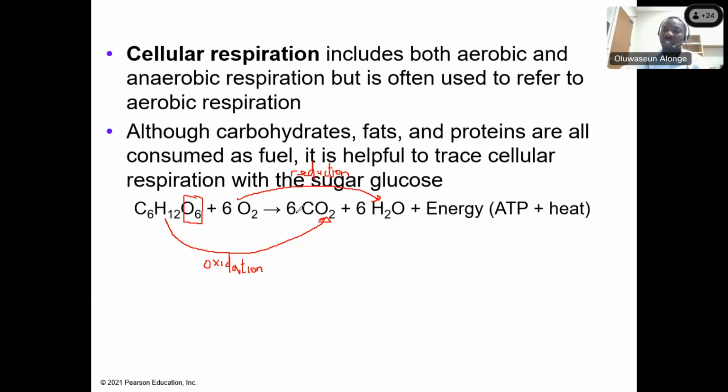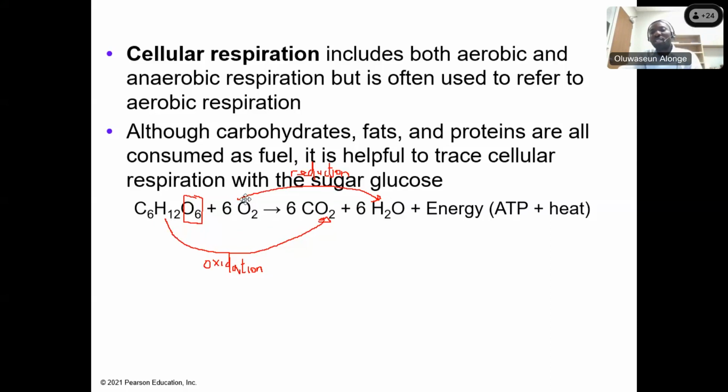Because we know that reduction is addition of hydrogen and oxidation is removal of hydrogen. So since hydrogen has been removed, it is oxidation. If some of the hydrogen is gone, it is also oxidation. So if hydrogen is totally lost or it is partial removal, it is still oxidation.